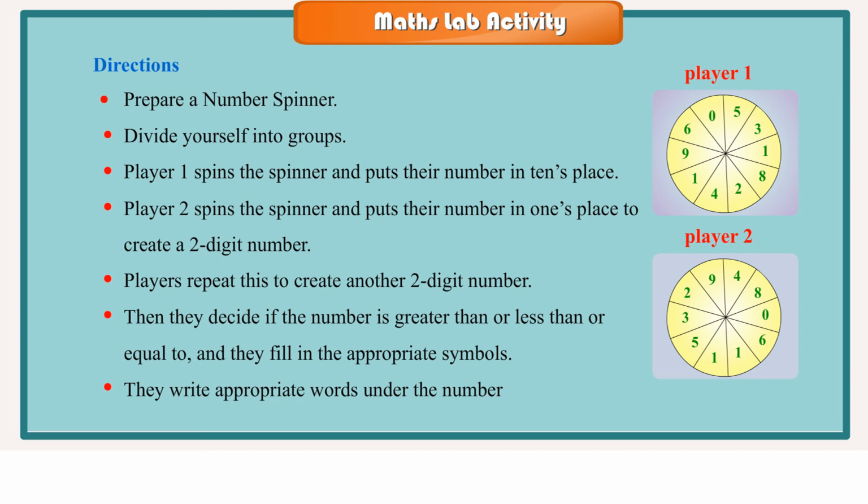Player 2 spins the spinner and puts their number in the ones place to create a two-digit number. Players repeat this to create another two-digit number. Then they decide if the number is greater than, less than or equal to, and they fill in the appropriate symbols. They write appropriate words under the number.